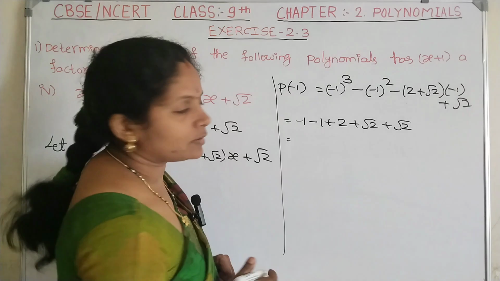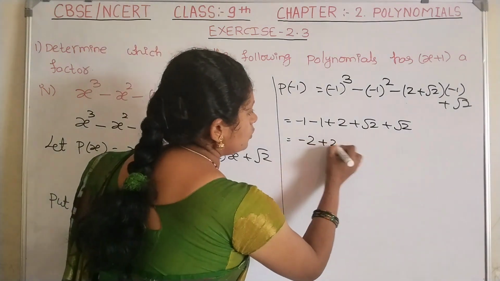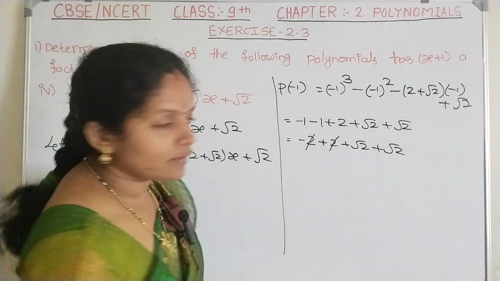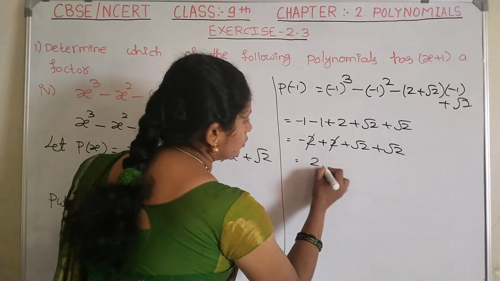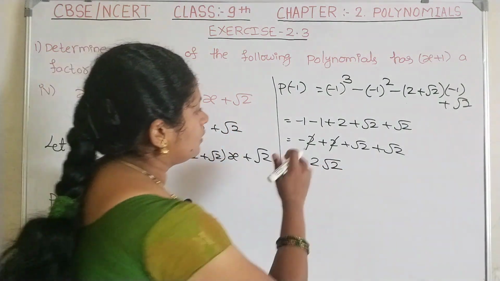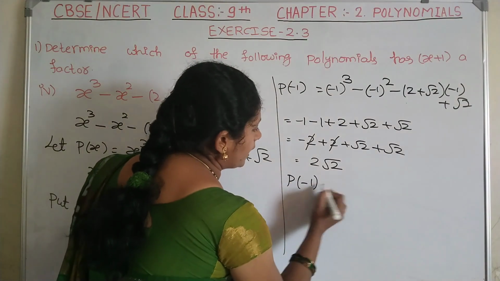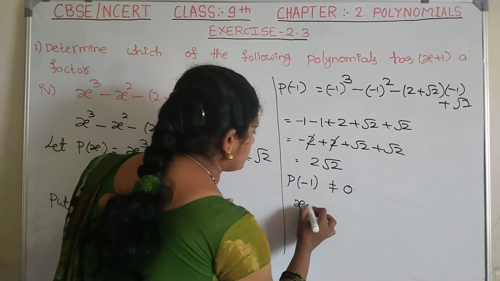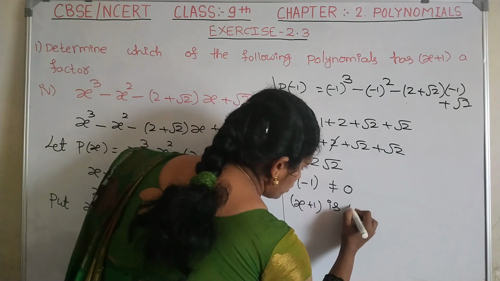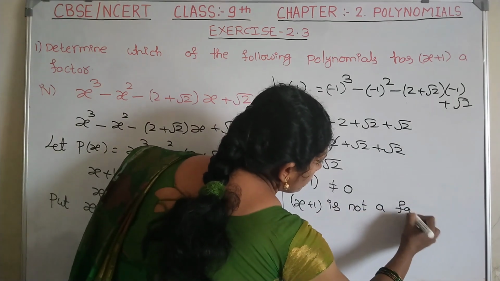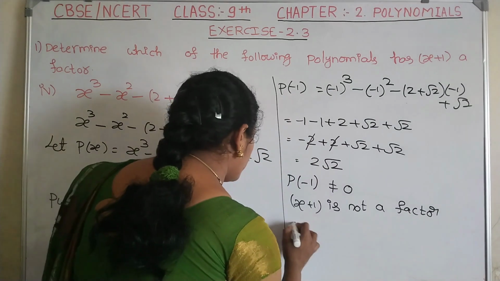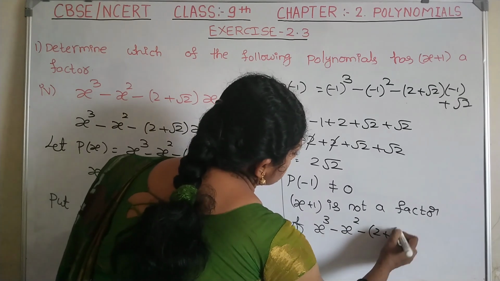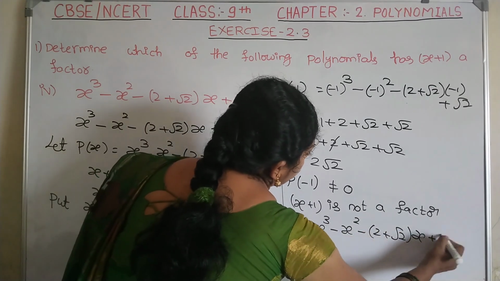Minus 1 minus 1 is minus 2, plus 2 plus root 2 plus root 2. Minus 2 plus 2 will get cancelled. Root 2 plus root 2 is 2 root 2. So what we got, p of minus 1 is not equal to 0. So that's why x plus 1 is not a factor of x cube minus x square minus 2 plus root 2 into x plus root 2.